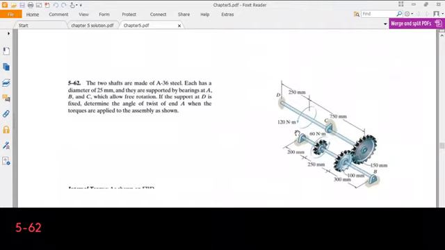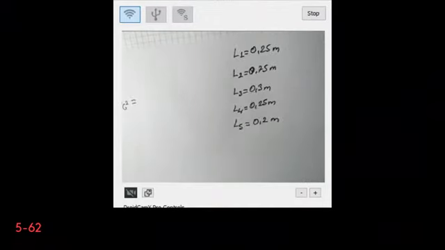Okay. So next, now these are my distances. You see L1 is 0.25 meters, L2 is 0.75 meters, and it goes like this.